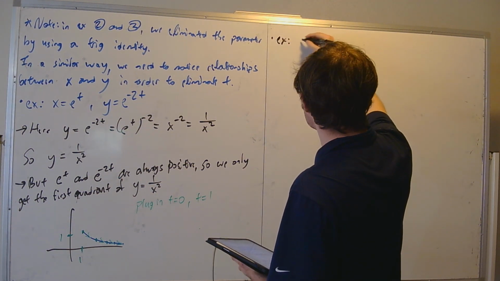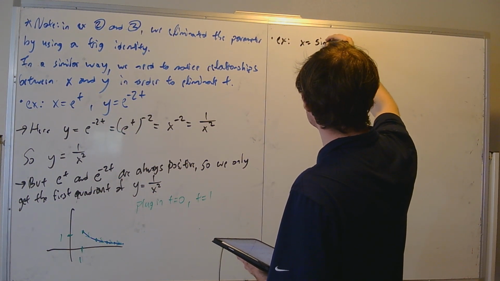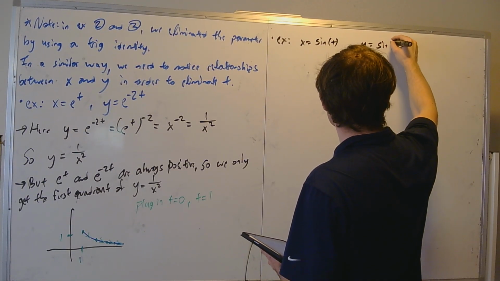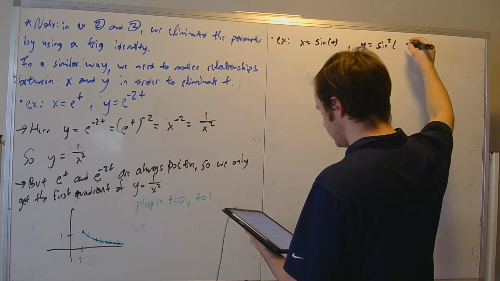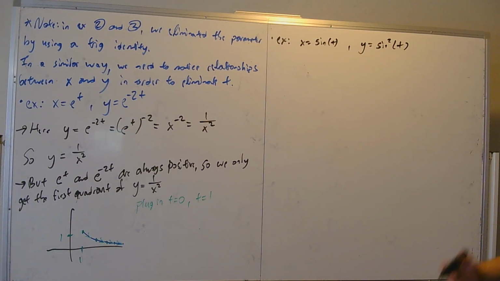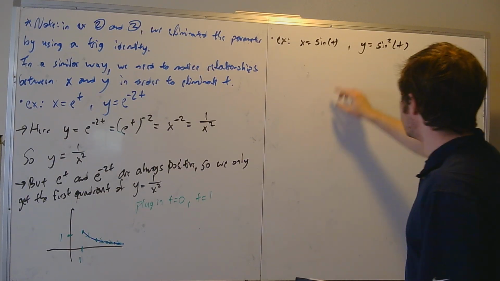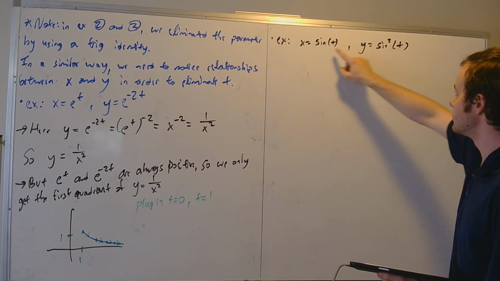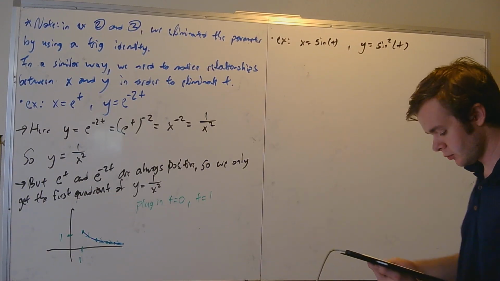Okay, and let's write down one last example. Let's say we have x equals sine of t and y equals sine squared of t. And remember, we want to look for a relationship between x and y. Well, we know that x is sine of t, so y is equal to x squared, right?